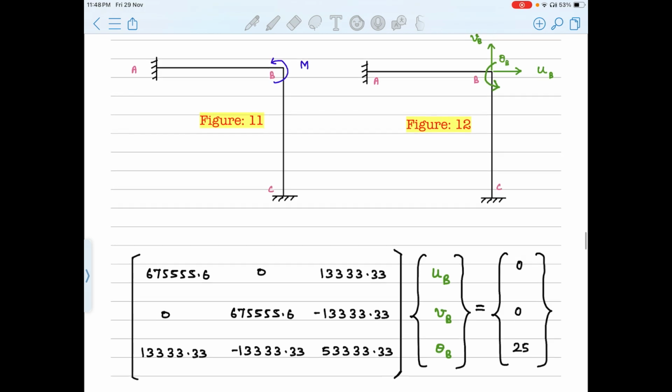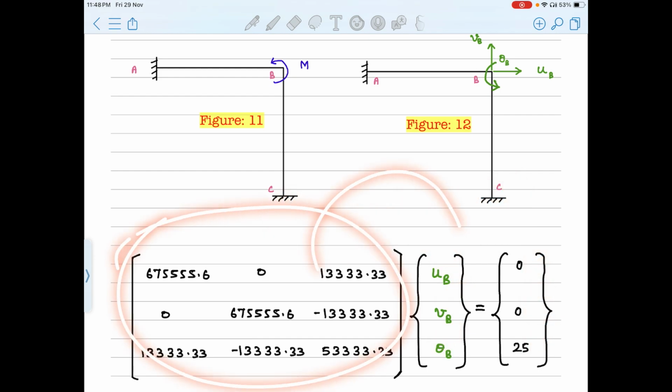Finally, we write KU is equal to P, as I told earlier. In this case, U contains UB, VB, theta B, and P contains 0, 0, 25. So now you invert this particular matrix.